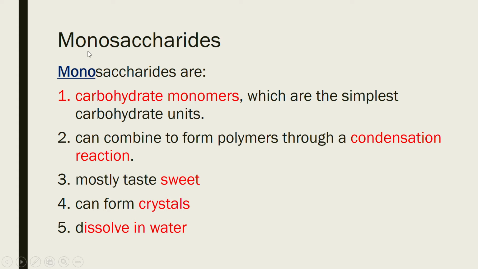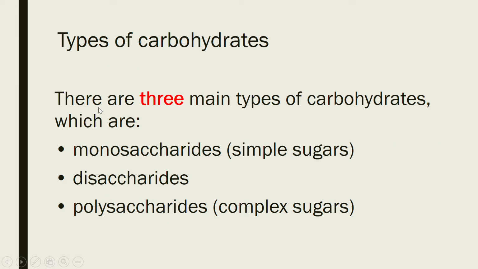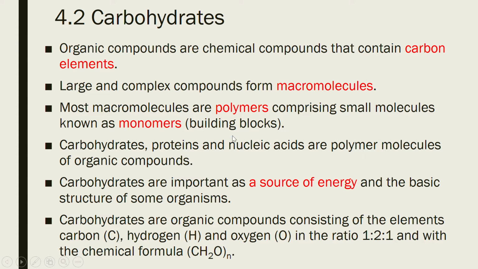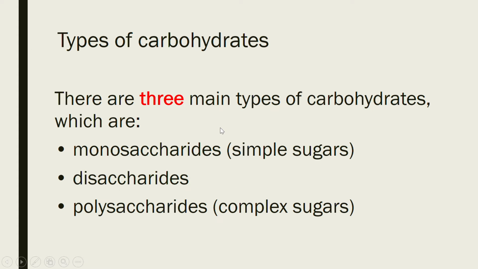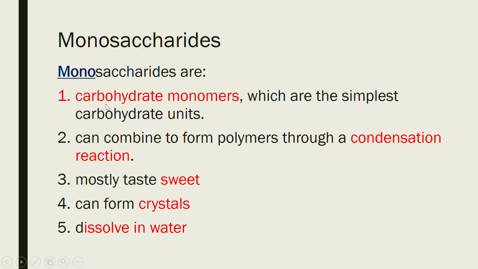So let's look at the monosaccharides, mono one. Since they are the simplest, they are the building blocks. So carbohydrate monomers are the simplest building blocks, carbohydrate units which can combine among themselves to form polymers.